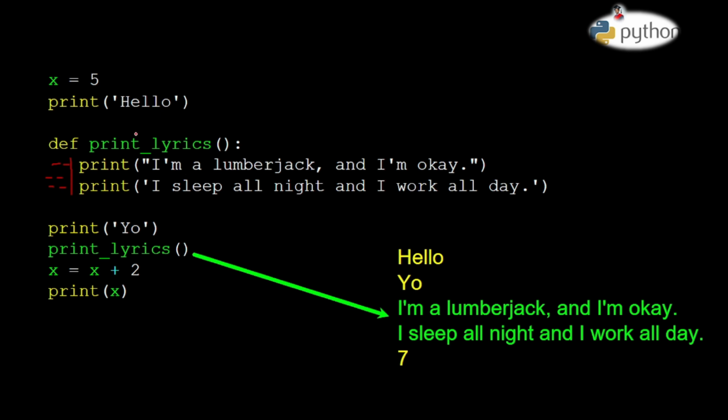Then the display starts from the first one, this is displayed first. The next print is displayed secondly, and the third one, print x, is displayed third. Then print lyrics, two lines of output are displayed here.